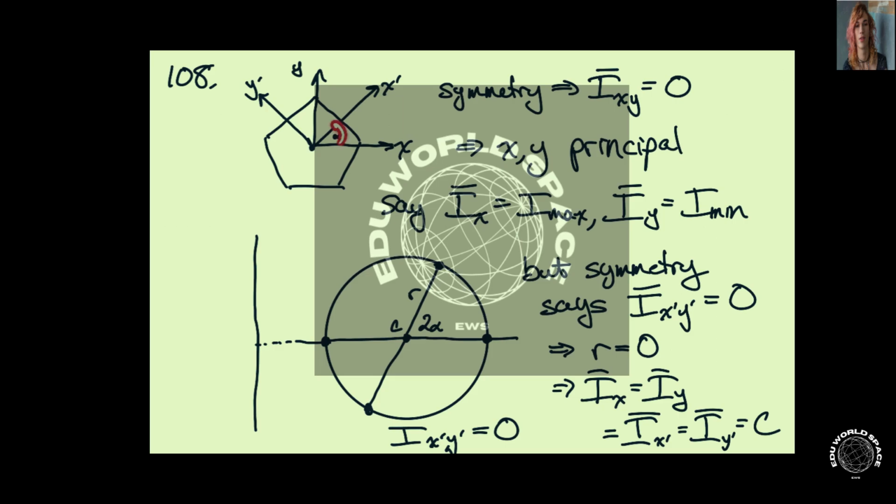But we rotated by some angle here that was not 90 degrees, or less than 90 degrees. If we'd rotated 90 degrees, we'd expect again to get back to here, and then I, x, y would be again 0. But we rotated something less than 90 degrees.